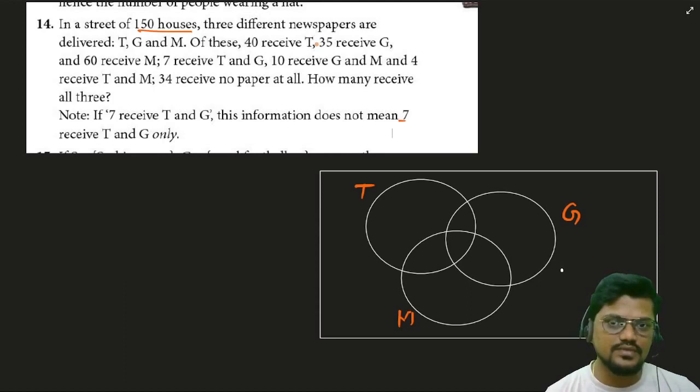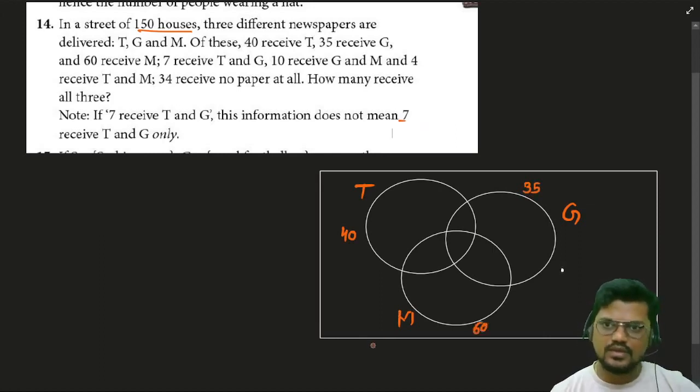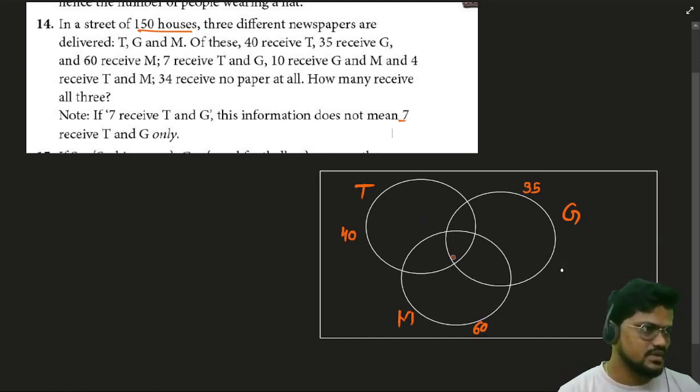Now over here they have given 40 receive T. That means the total count is 40. It is not T only, they have not written that. So the whole is 40. Then 35 receive G, and 60 receive M. 7 receive T and G. Now this question has to be solved by that method which I told you last time.